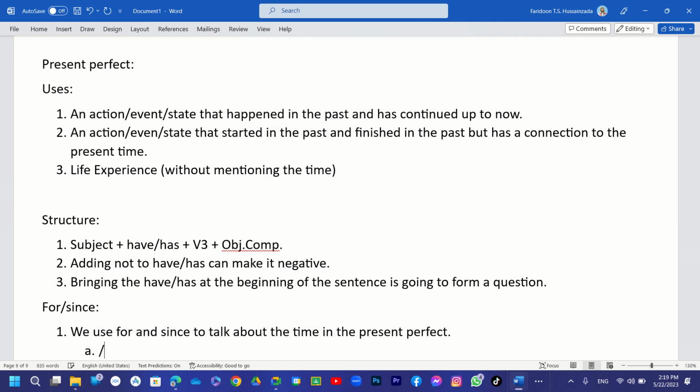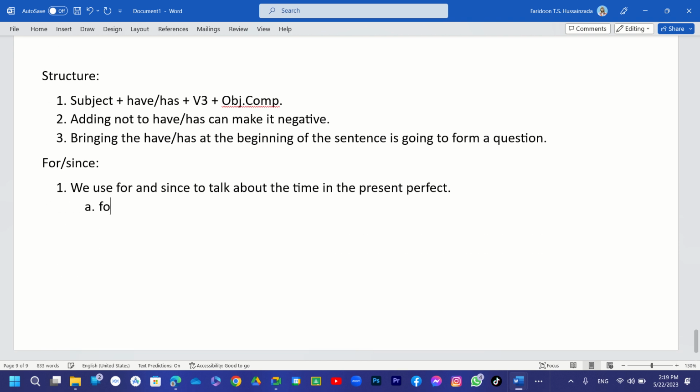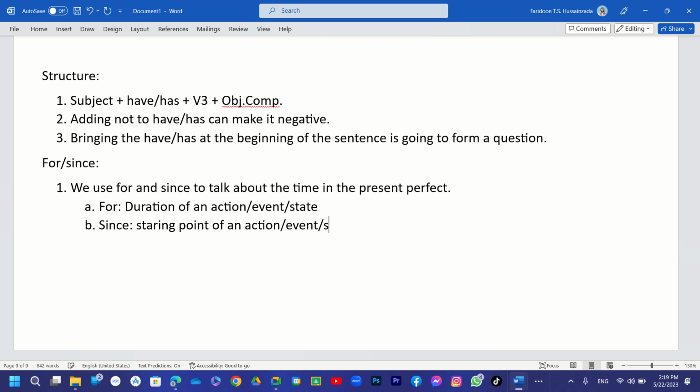So what do you mean? Let's check now. For is mostly used to talk about the duration of an action or of an event or of a state, okay? And since is kind of like talking about the starting point of an action, an event, or a state, okay?